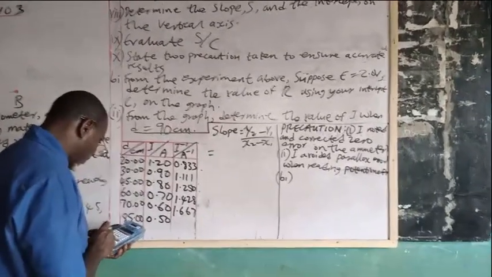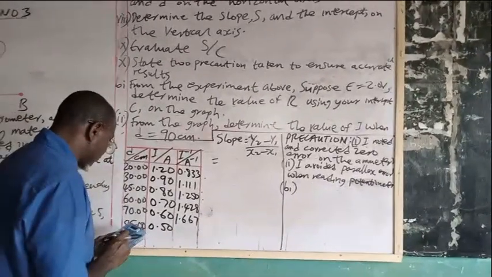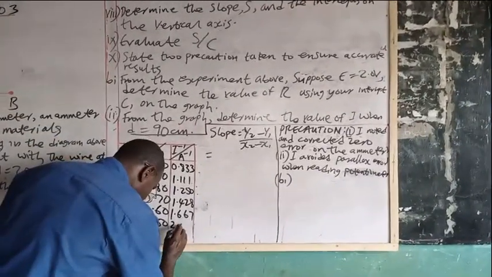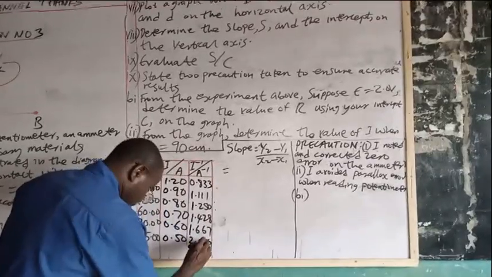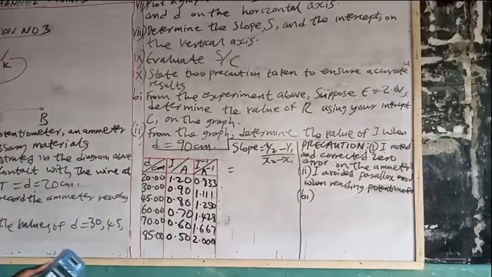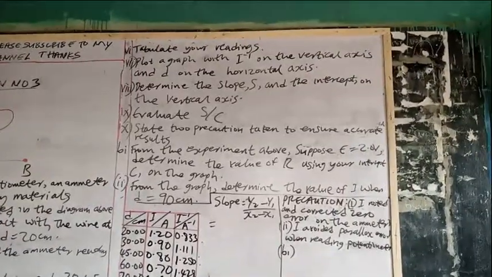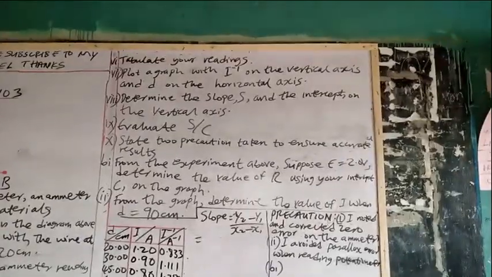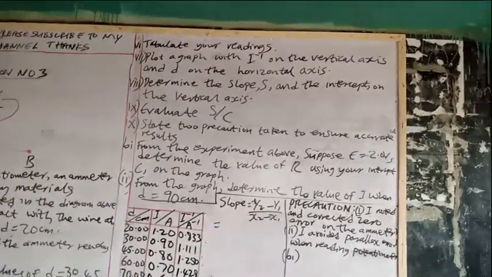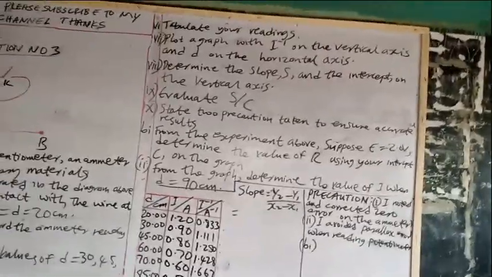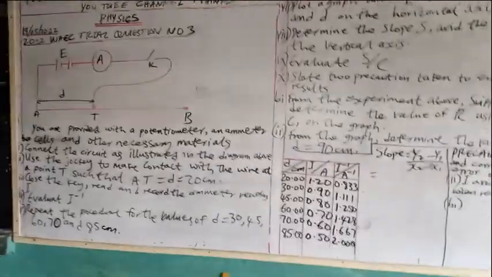And inverse of 0.5 is equal to 2. Now, plot a graph of I inverse on the vertical axis and D on the horizontal axis.